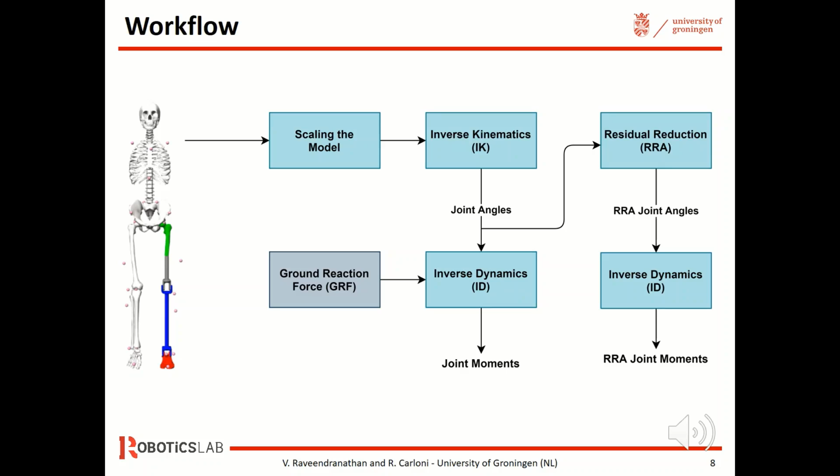The residual reduction algorithm makes changes to the original model by adjusting the mass and the center of mass of the body to match the experimental data. We identified that the total mass change was about 1.7 kg.